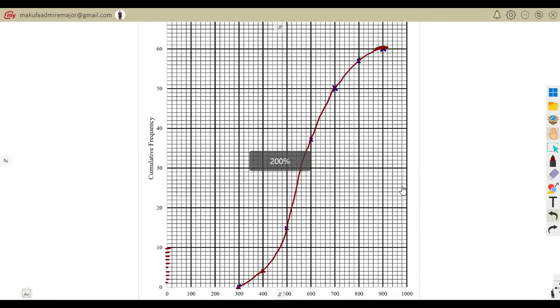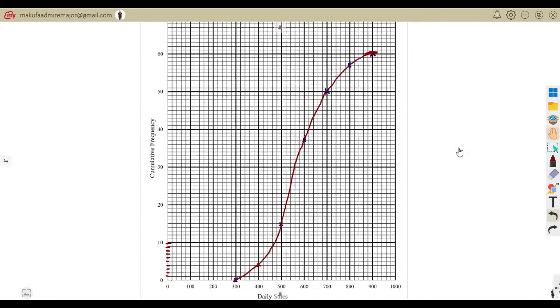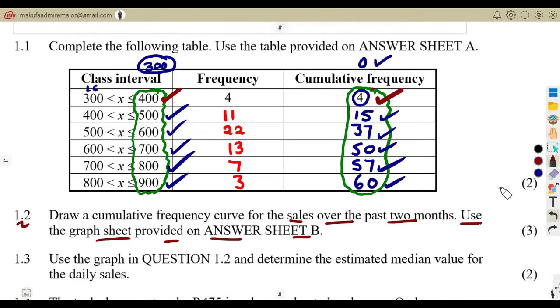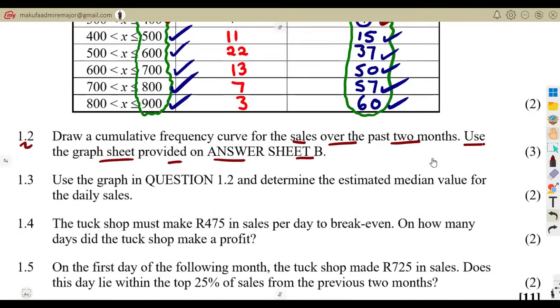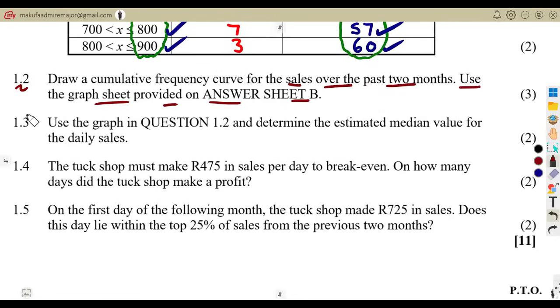All right, so let's just hope we are together on this one. Then with the graph that we have just drawn, the question was 1.3: use the graph in question 1.2 and determine the estimated median value for the daily sales. Use the graph.